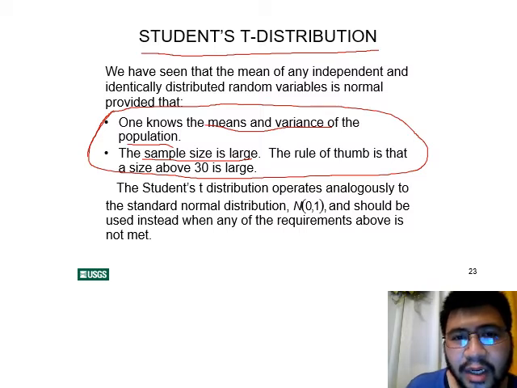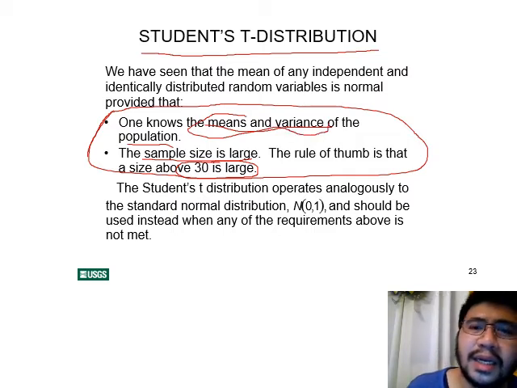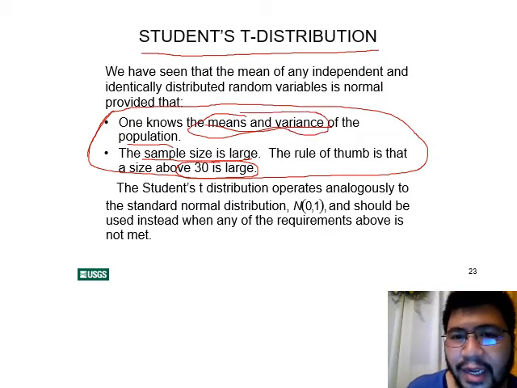A little bit more on the student T distribution. Okay, so yeah, it's basically substituted for the standard normal distribution when you have a small sample size, like less than 30 observations per sample, or again, you don't know the statistical parameters of the population.